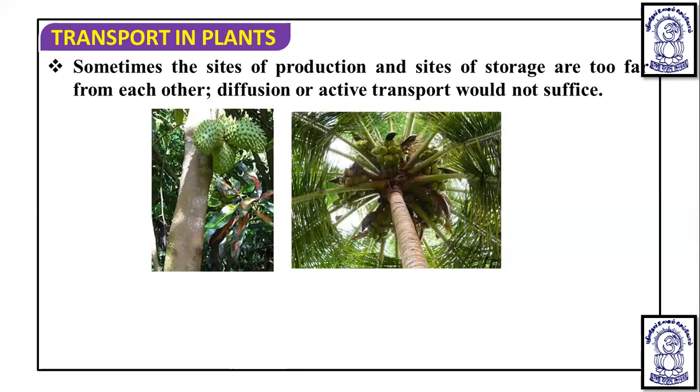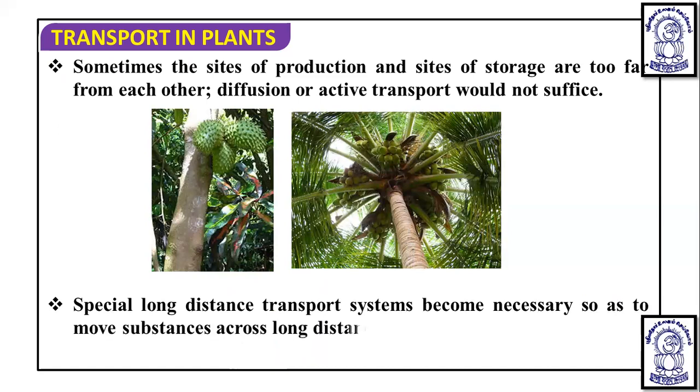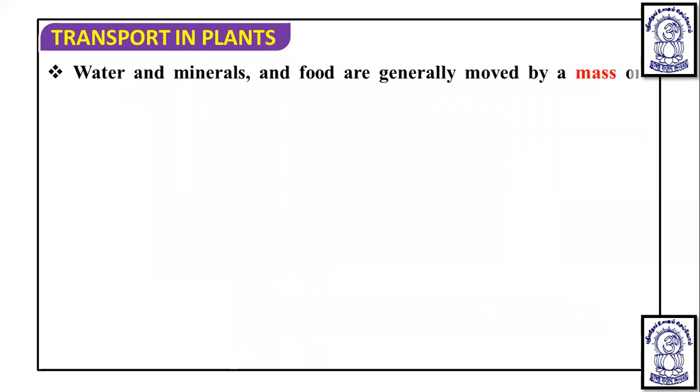So special long distance transport systems become necessary to carry substances from the production site to the requirement or storage site, across a long distance at a much faster rate. For moving from one organ to another over longer distances, water, minerals and food are generally moved by a mass or bulk flow system.